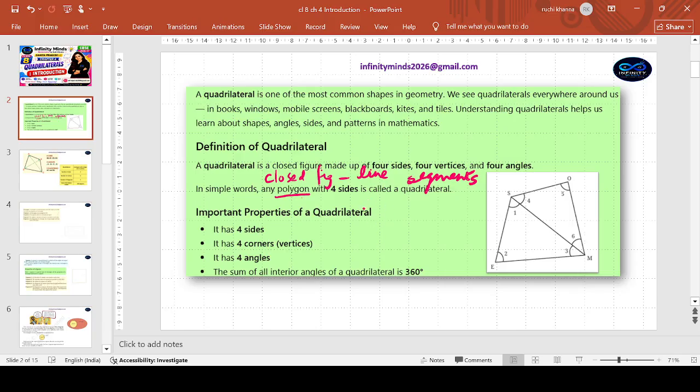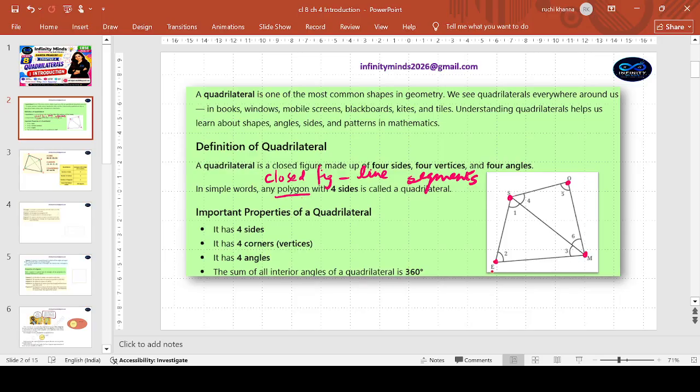So when there is a closed figure made up of four line segments, it is referred to as a quadrilateral. Here the name of the quadrilateral is SOME. Every diagram carries a name in geometry. There are four vertices which are taken and they are joined with the shortest distance you can have between two points, which is called a line segment.